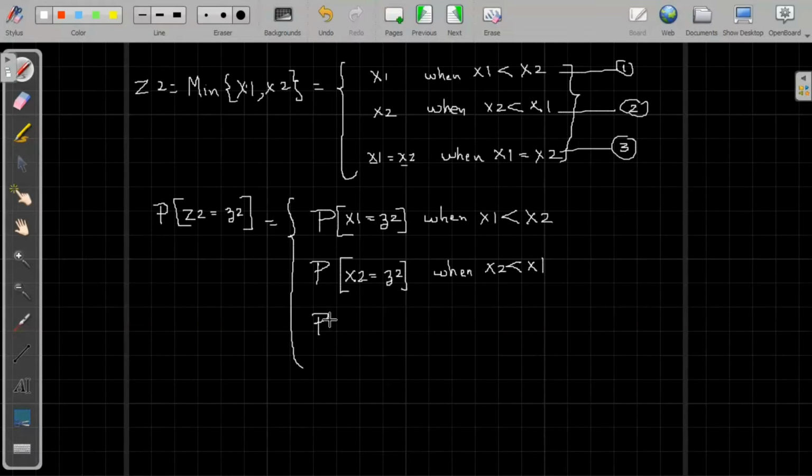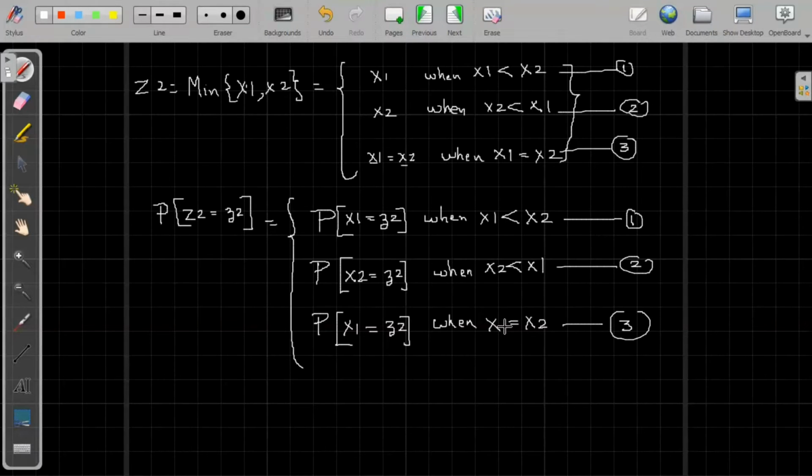Similarly, for the third case, we can write x1 or x2, it doesn't matter, equal to z2 when x1 is equal to x2. So this is our first case, this is our second case, and this is the third case. If we can find these probabilities in these three cases, we can find the PMF of z2.